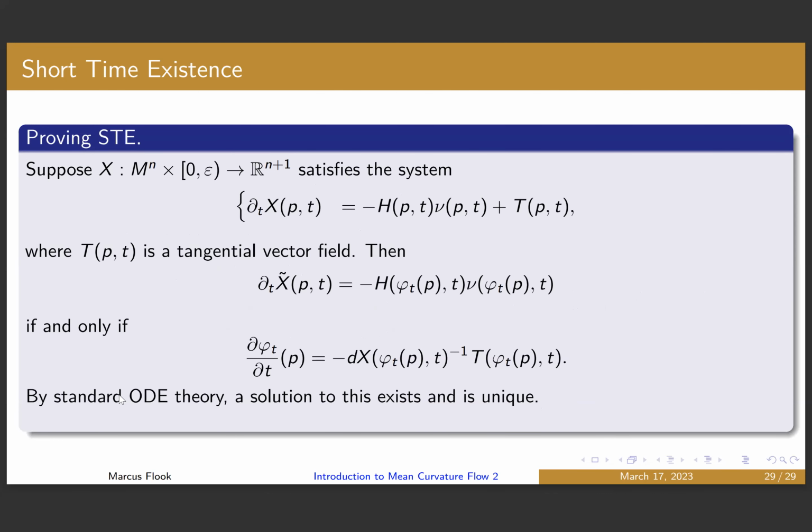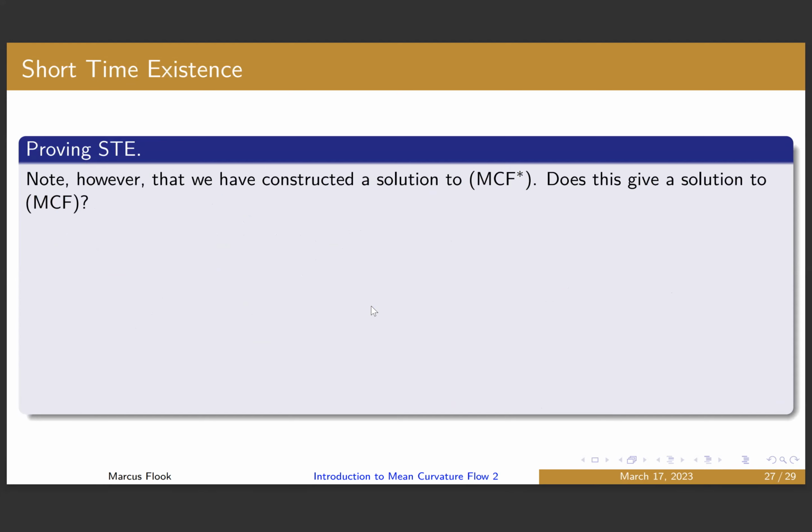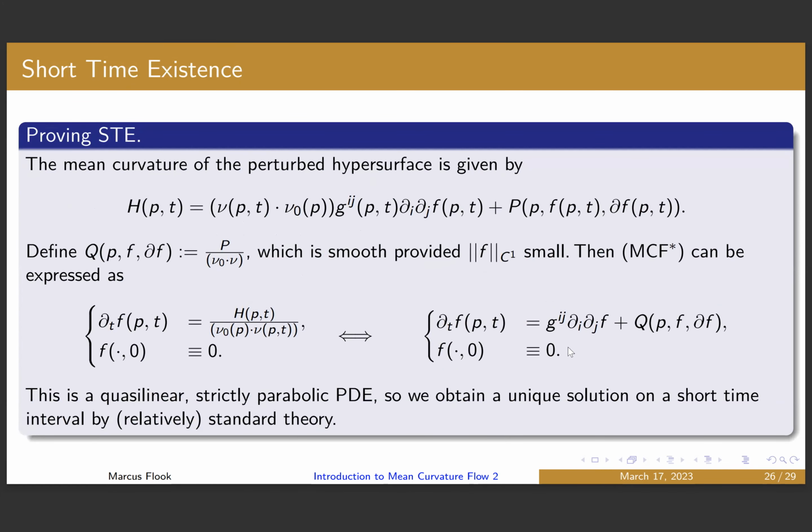By relatively standard ODE theory, a solution to this exists, and it will be unique. So by the previous working from a few slides ago, we have a unique solution for the short time existence for mean curvature flow star.